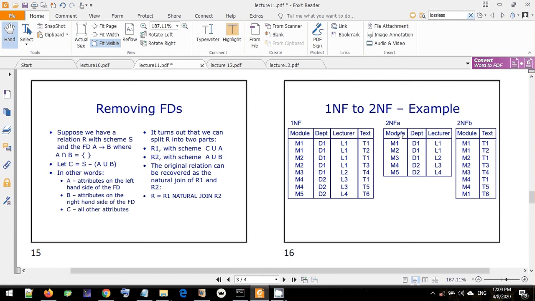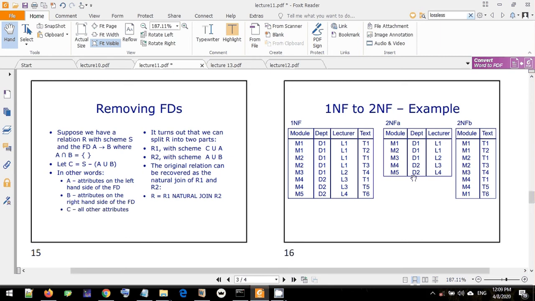Wherever there's repetition, we write it once, like M1, D1, L1, where the repeated tuples are combined into one. The same principle applies to M2. M3 appears once, so we write it. M2 appears twice, but we write it only once.